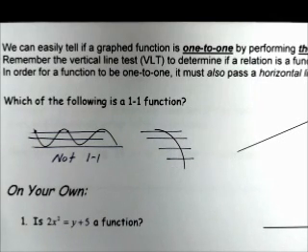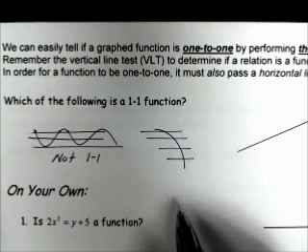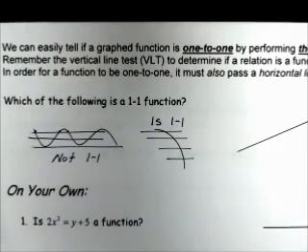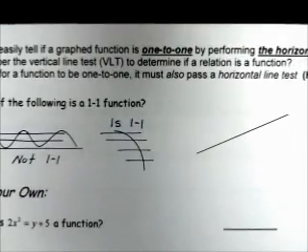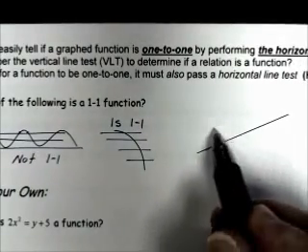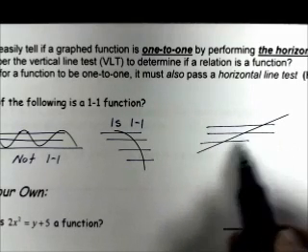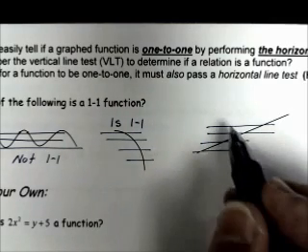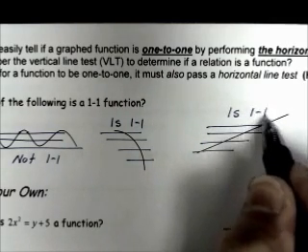Yes, each horizontal line hits the graph at only one point, so this is a one-to-one function. And our third, drawing horizontal lines. Each horizontal line hits the graph at only one point, so it is one-to-one.